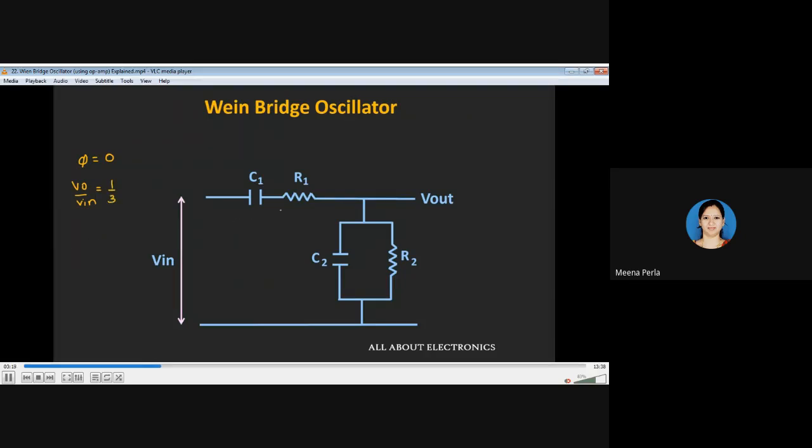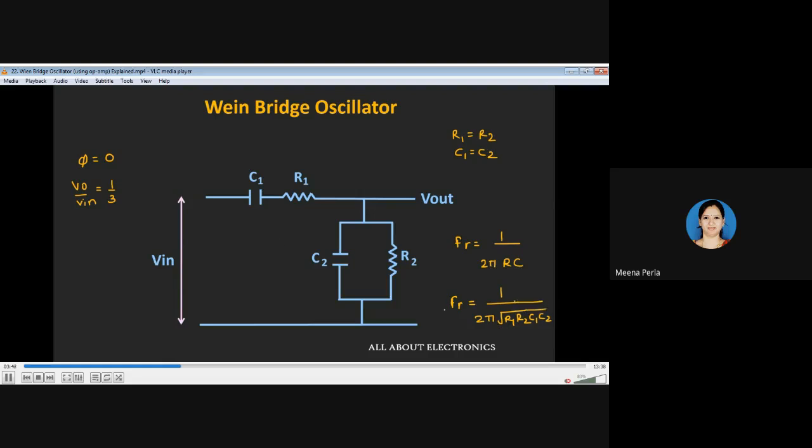And if we consider R1 equal to R2 and C1 equal to C2, in that case, the resonant frequency Fr can be given by the expression 1 by 2 pi RC. And if this condition is not true, in that case, the resonant frequency Fr can be given as 1 by 2 pi under root of R1 R2 C1 C2.